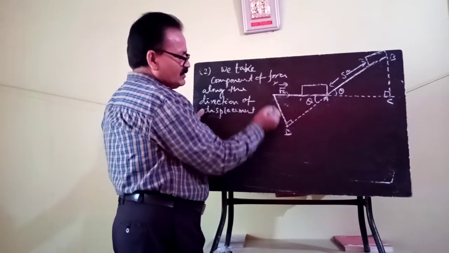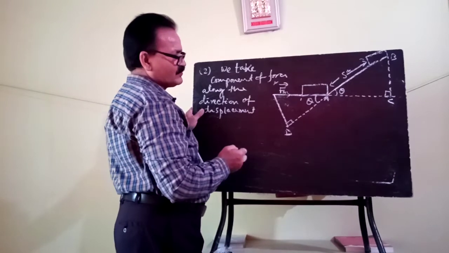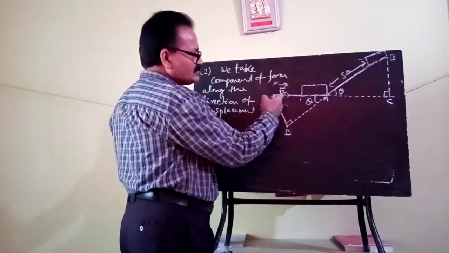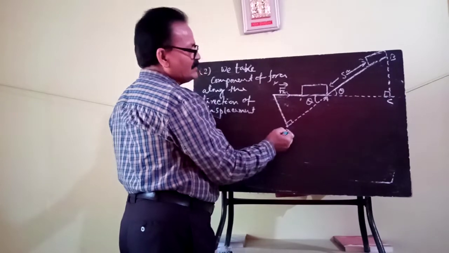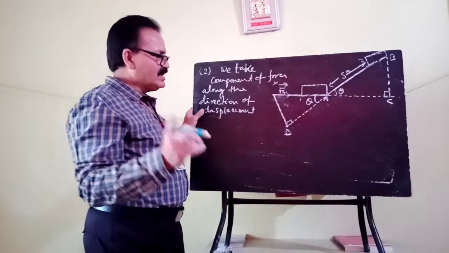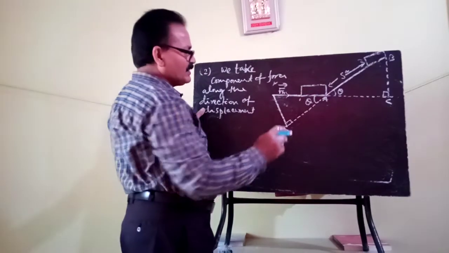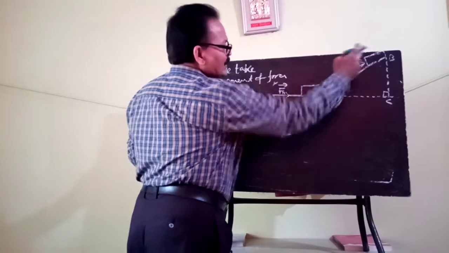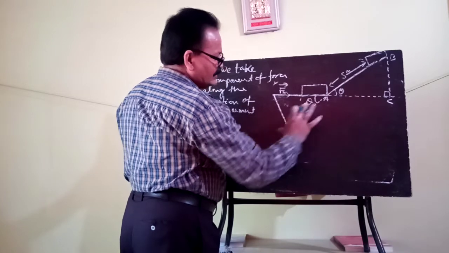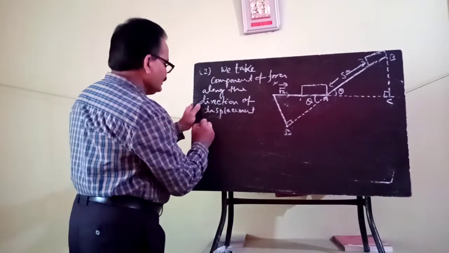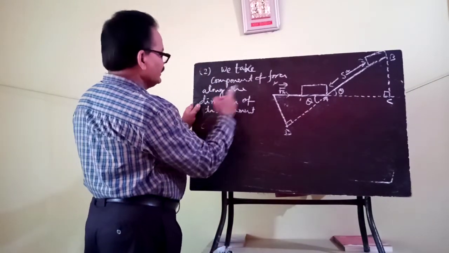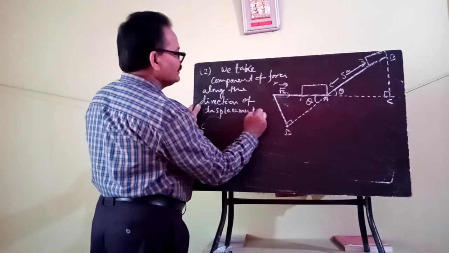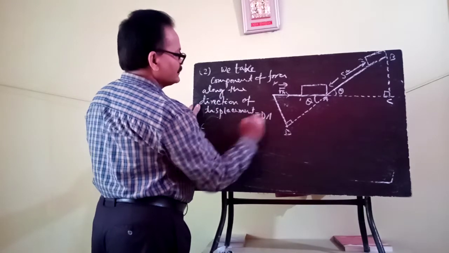So this will be your perpendicular, and the force will become the hypotenuse. Then what will happen? This component of force along the direction of displacement is your dA. So here the component of force along the direction of displacement is your dA.